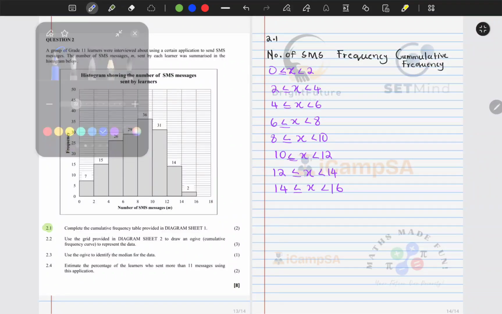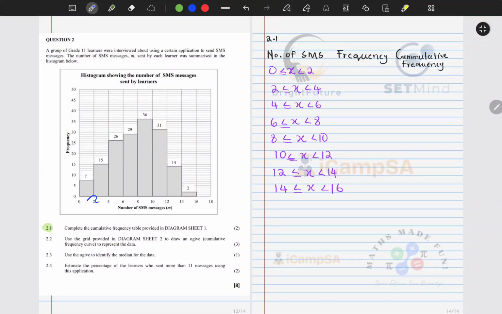So let's quickly put up the frequency. Between 0 and 2, what we have is a 7, followed by 15, 26, then 29, then 36, then 31, and 14, and then 2.